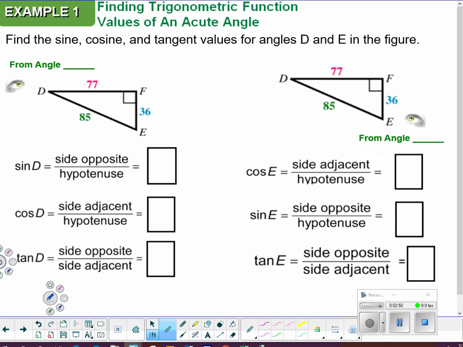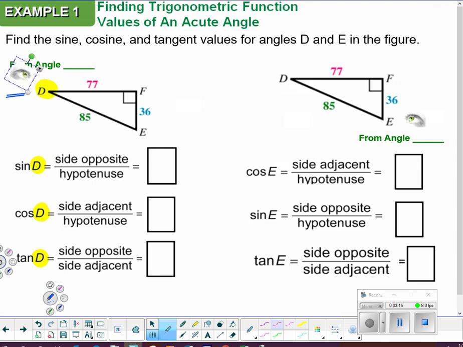Find the sine, the cosine, and the tangent values for angles D and E in the figure provided here. And when I'm looking down this first column, the angle that they're mentioning is angle D. So that's going to drive me up to angle D on the triangle. You'll notice I have an eye sitting up here because that's kind of my vantage point, isn't it?